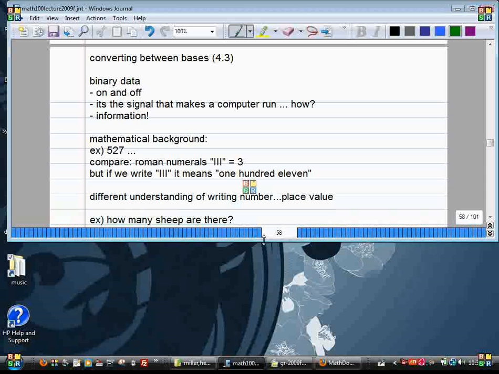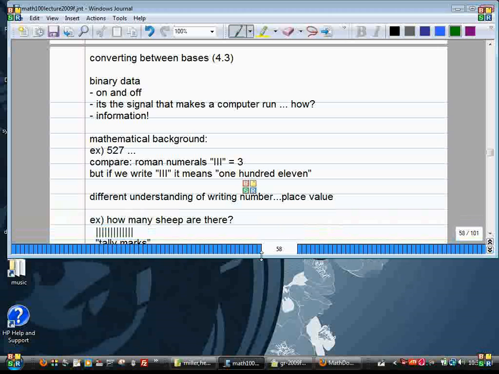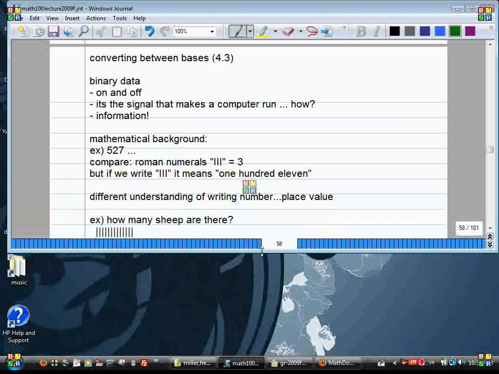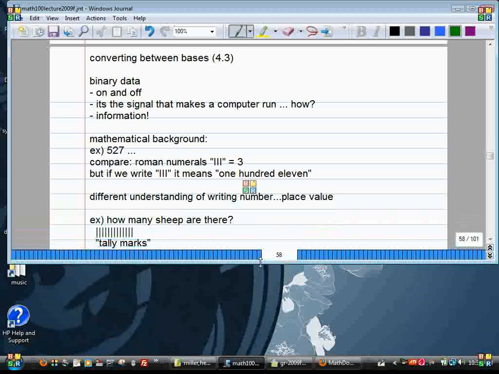So let's say they had a bunch of sheep. What's the first thing that they would write down? They would say, I have this many sheep. So every sheep gets one mark. These are called tally marks.